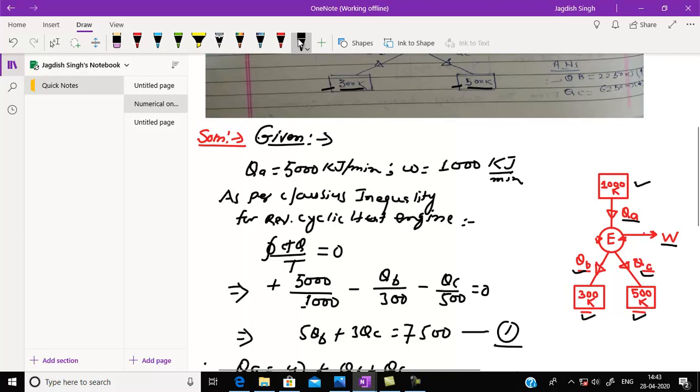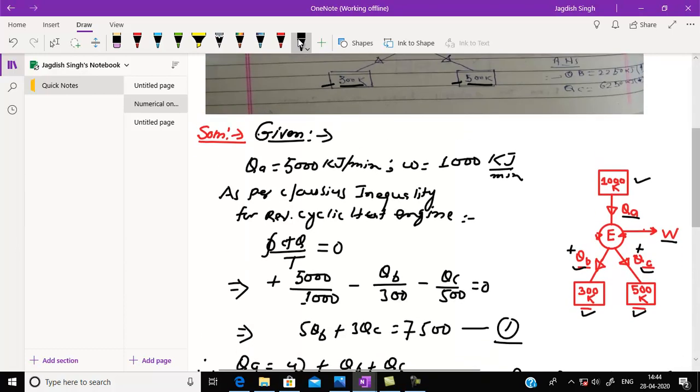If either QB or QC comes out negative after calculation, then we have to change the direction of flow of that quantity of heat, right?